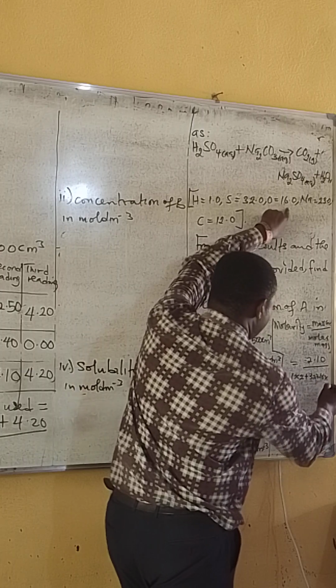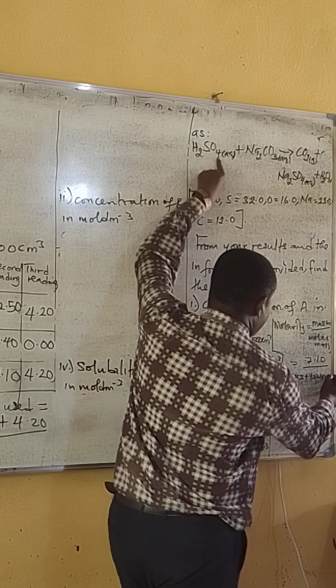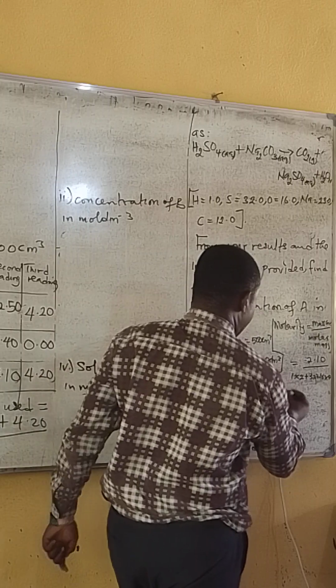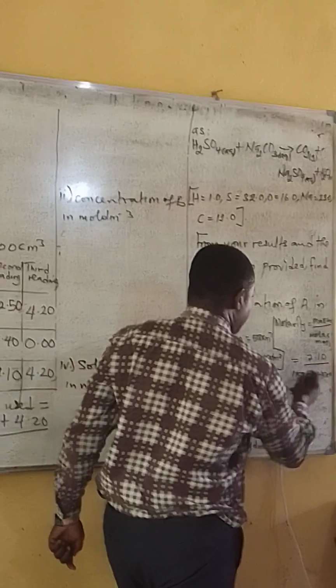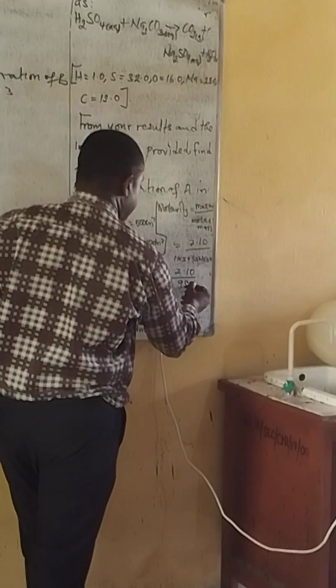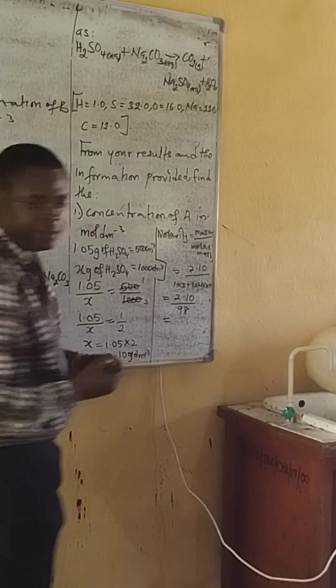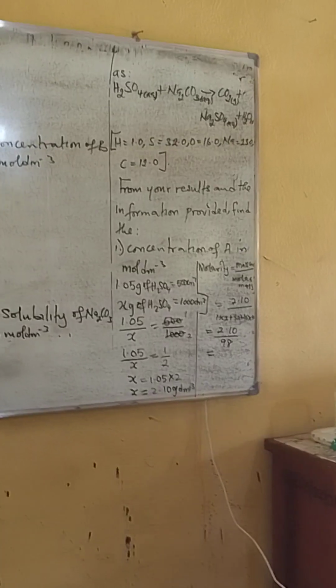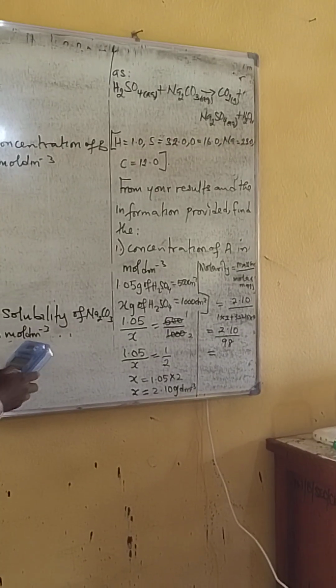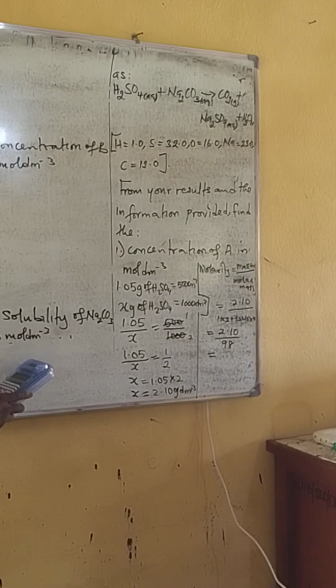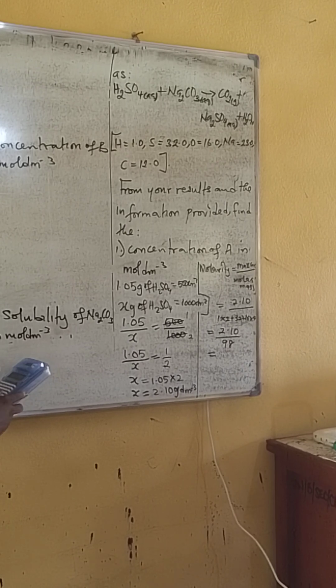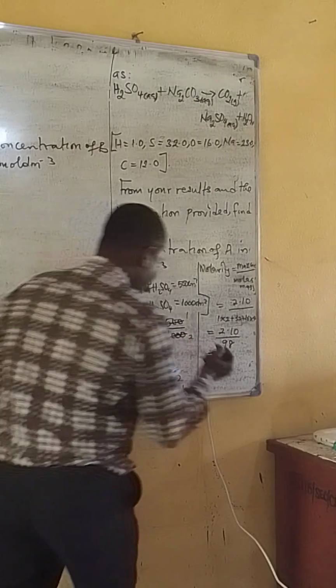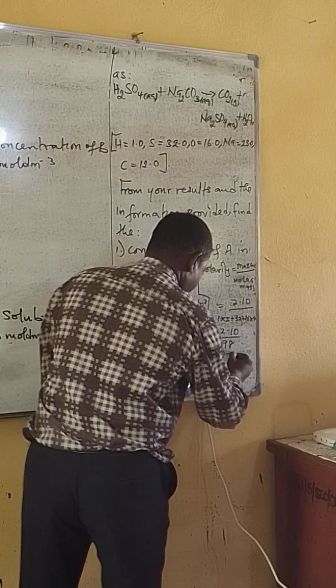But we have how many oxygen here? 4. So we have 2.10. If you add this very well, you get 98. So our answer now is 2.1 divided by 98. Answer is 0.021.